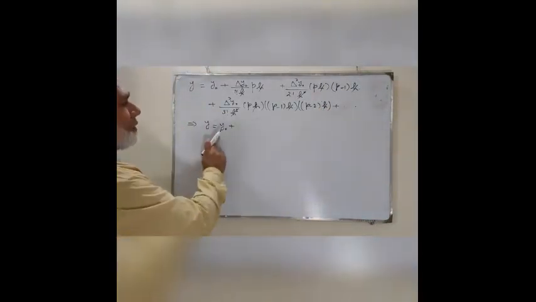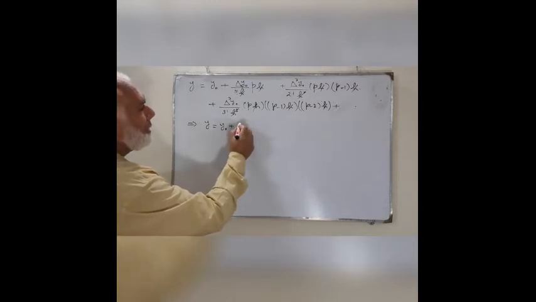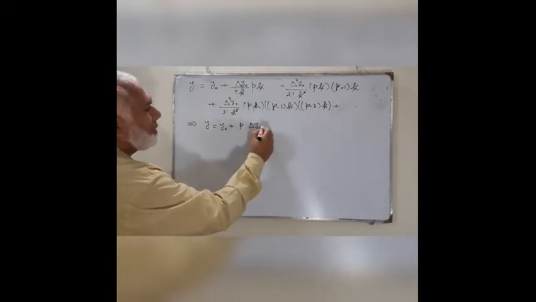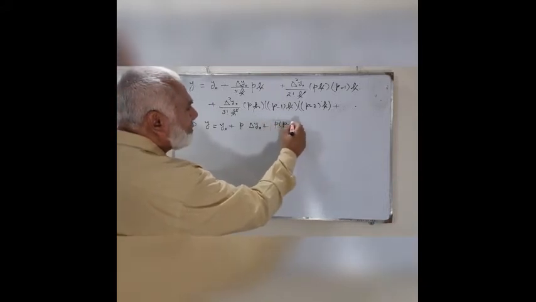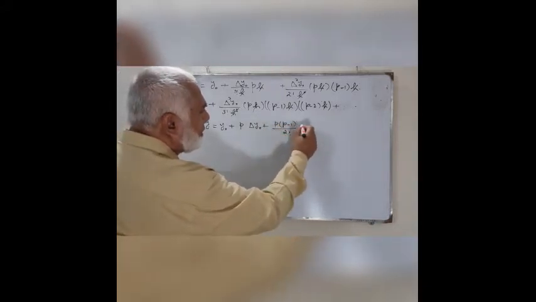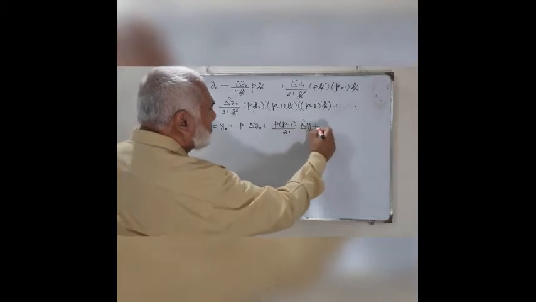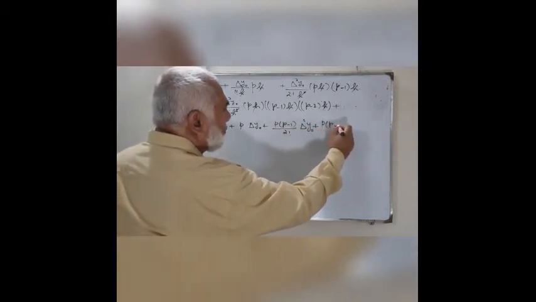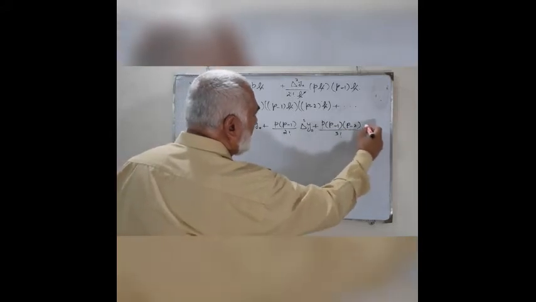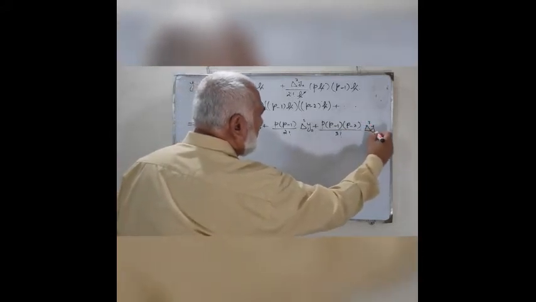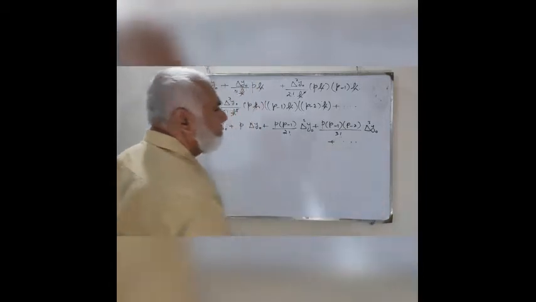The result takes the form y0 plus p times del y0 plus p into p minus 1 over 2 factorial del 2y0 plus p into p minus 1 into p minus 2 over 3 factorial del 3y0, and so on.